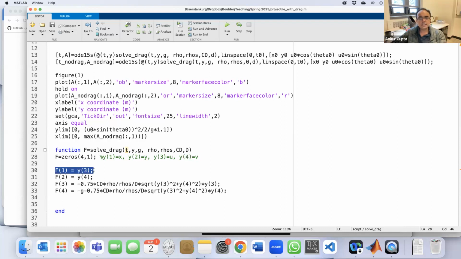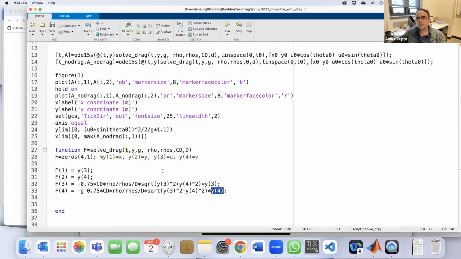This equation is saying dx by dt is equal to u. This equation is saying dy by dt is equal to v. This equation is saying du by dt is equal to minus 0.75 times CD times the velocity magnitude times u. And here you have added gravity, and instead of velocity u, we have velocity v. These are the same equations I've coded up in MATLAB.